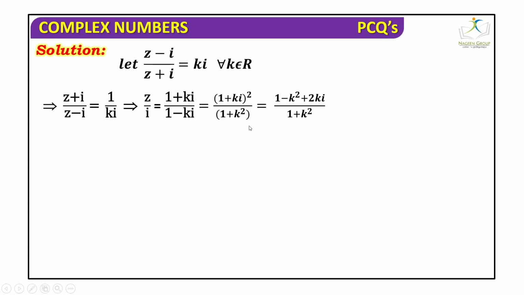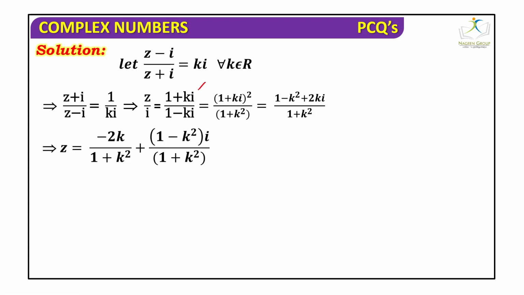Now squaring both sides, it will be equal to 1 plus k iota whole squared by 1 plus k squared, right? It equals a squared plus b squared; a squared minus b squared comes, plus b squared, but here the value of iota squared we put as minus 1. Then after this we had the value 1 plus k iota and this was 1 minus k iota. So what you did here is rationalize: 1 plus k iota divided by 1 plus k iota.